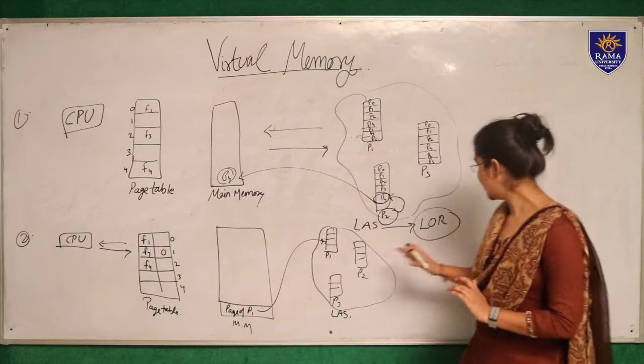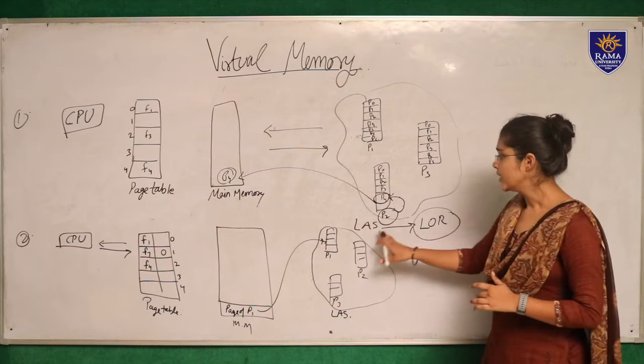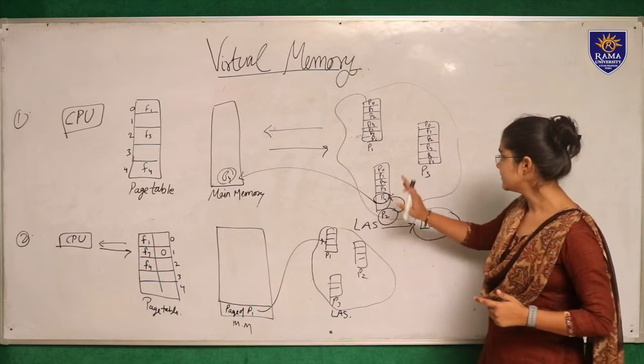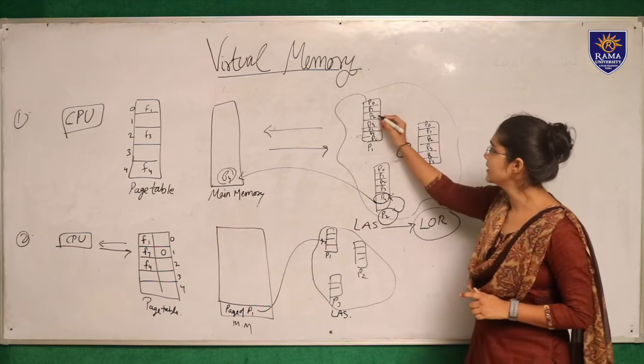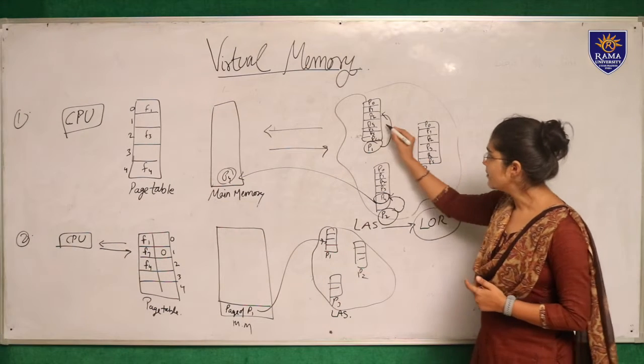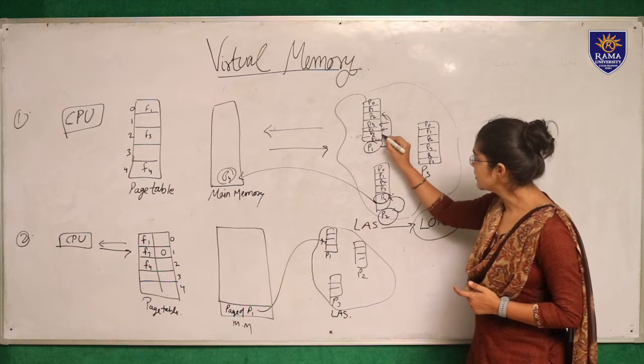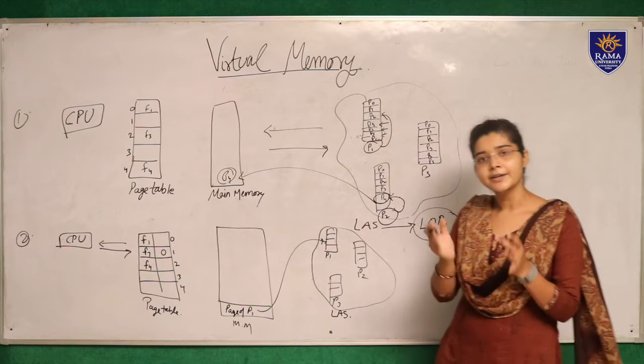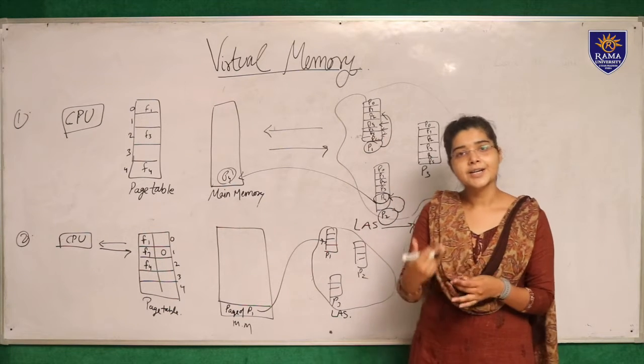Same here, locality of reference means if the CPU calls page P2 of process P1, then the nearby pages P3, P4 and P5 are already ready, thinking the next turn is mine.